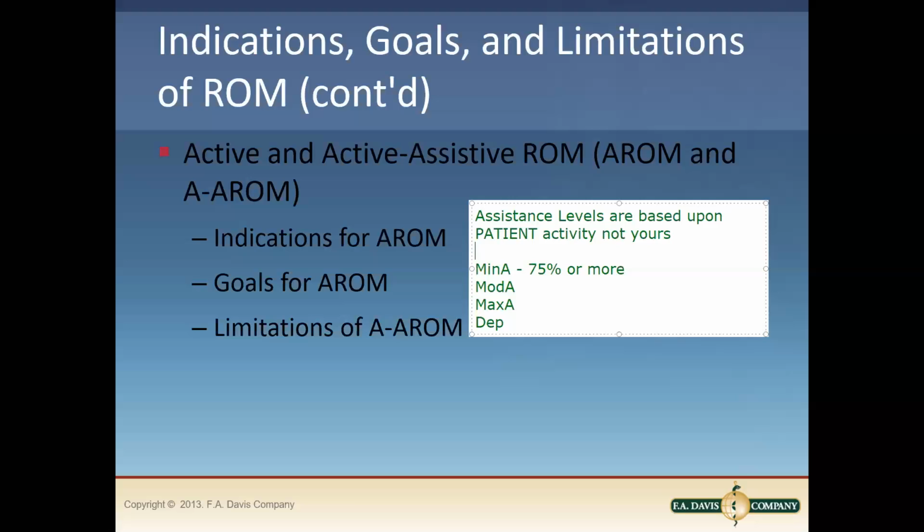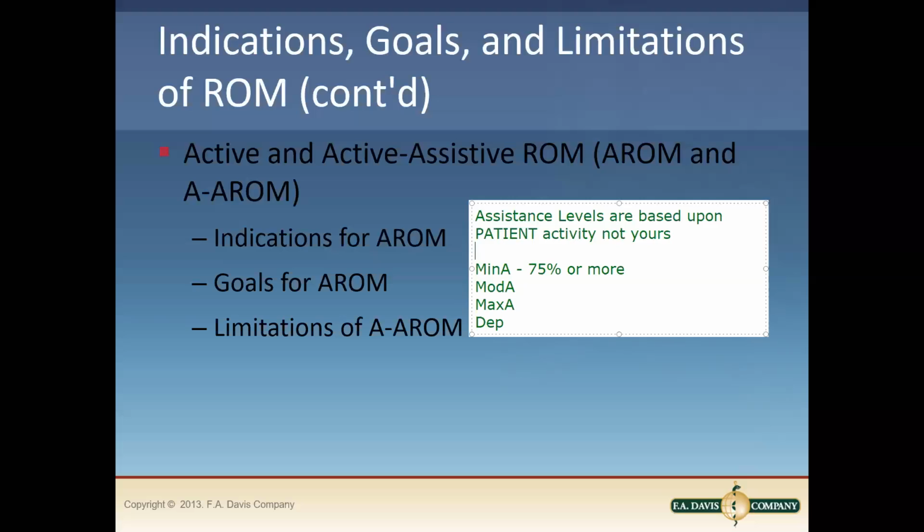When you see the percentage, figure out if it's from your percentage or from the patient, because your assistance level is going to be from the patient's percentage. So if I said that I am doing 10% of the work, that means the patient is doing 90% of the work. They're a min assist. Does that make sense?